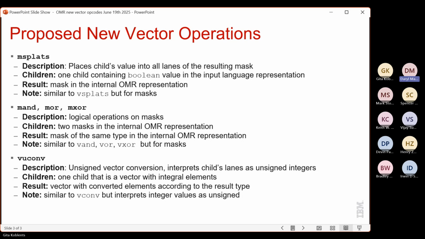Okay. So I think I'm okay with anything like MAND, MOR, MXOR, and even VUCONV. For msplats, there seem to have been some alternate opinions expressed. Maybe what I'd like to ask people to do is to document their concerns in the PR that Kita has, so that we can give that some additional consideration and then make the right decision on how we want to go forward.